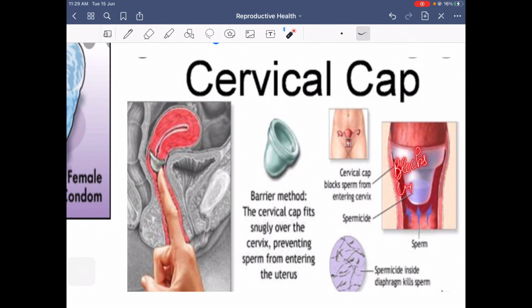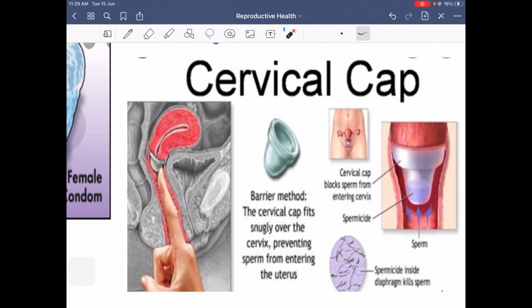And usually they are used with a gel which kills the sperm, that is known as spermicides. It is used with a jelly like structure.